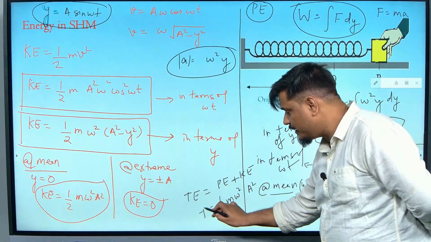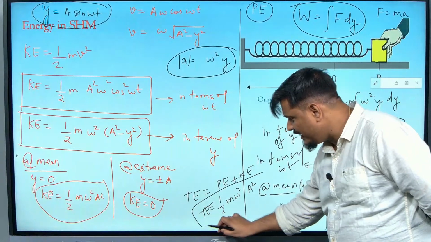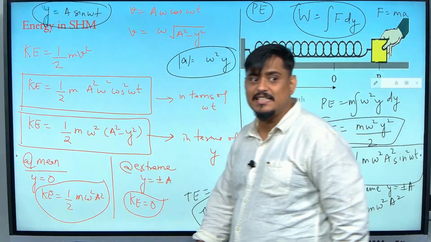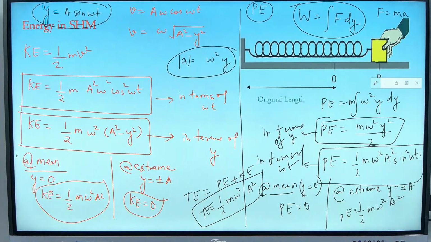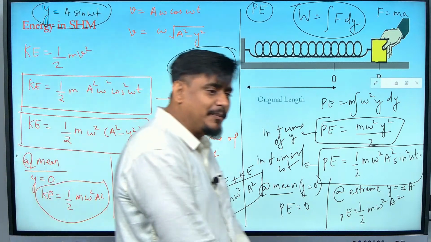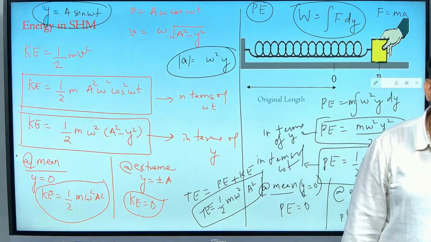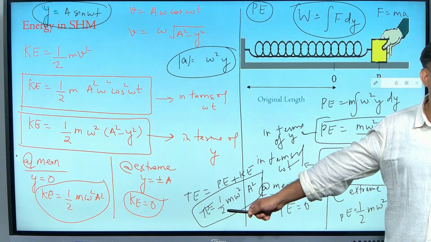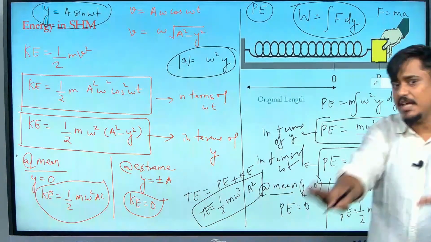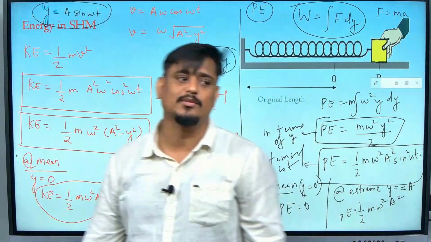Do you agree with me? Because it is irrespective of y, there is no y term in that. It means whether it is extreme position, mean position or random position, the total energy will always remain half m omega square a square, which proves the conservation of energy also.